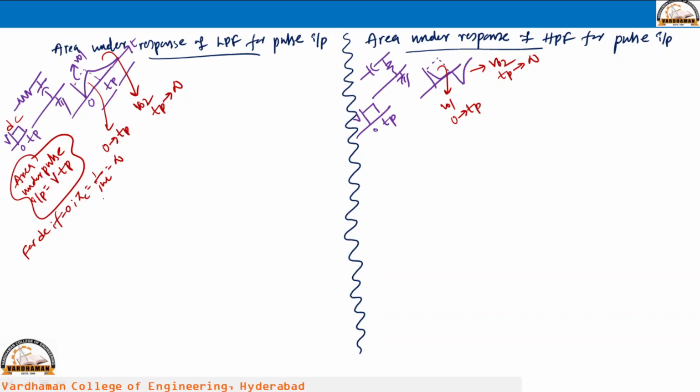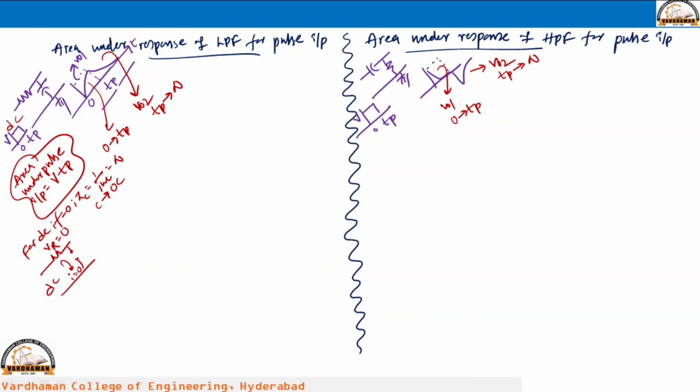Impedance offered by the capacitor is infinity means the capacitor can be replaced by open circuit. Because it is open circuit, current is equal to 0. If current is 0, according to Ohm's law, V is equal to I into R, resistor will not take any voltage.